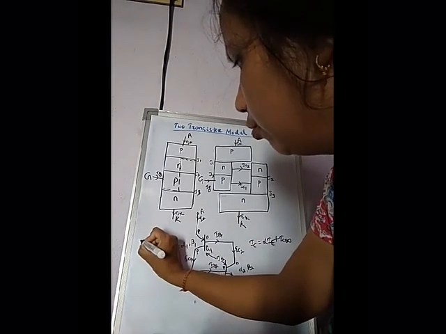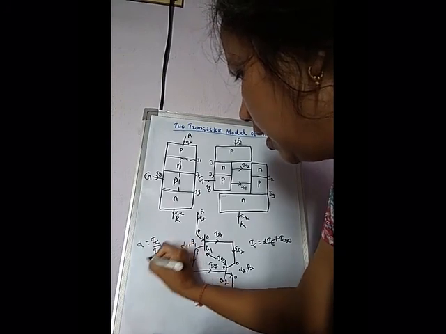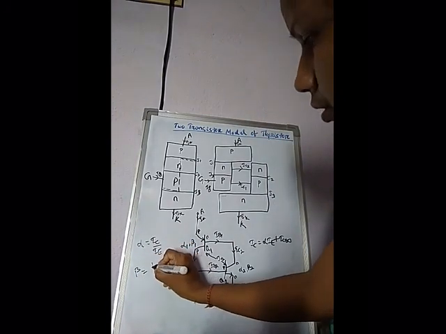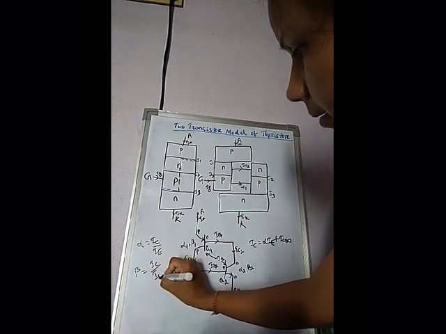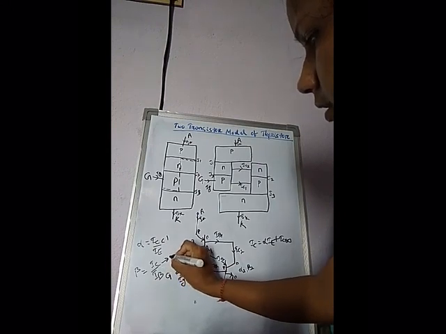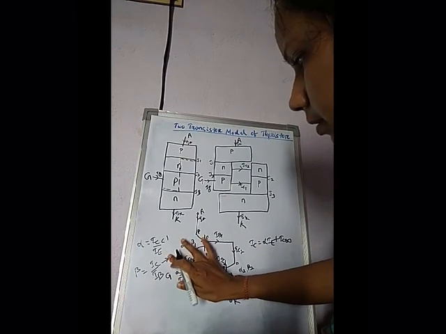So you already know alpha is equal to IC by IE and beta is equal to IC by IB. Alpha is less than 1 and this is unity 1. Beta is more than 1.